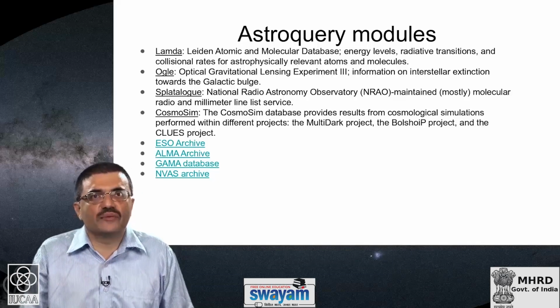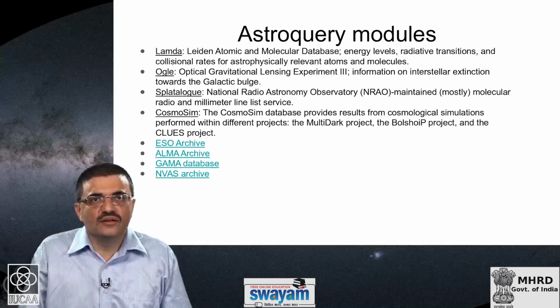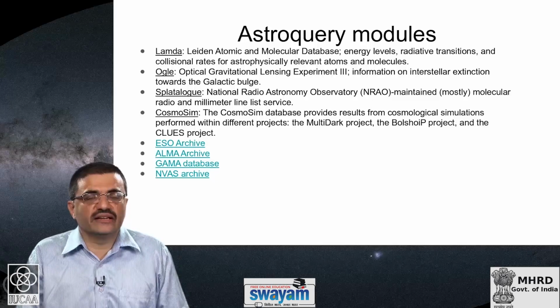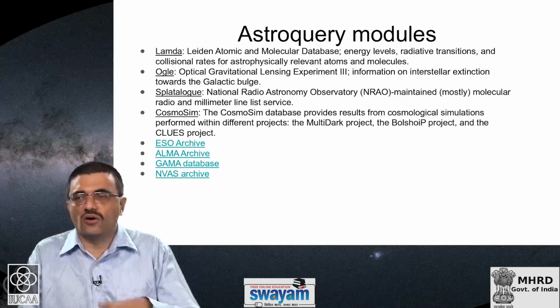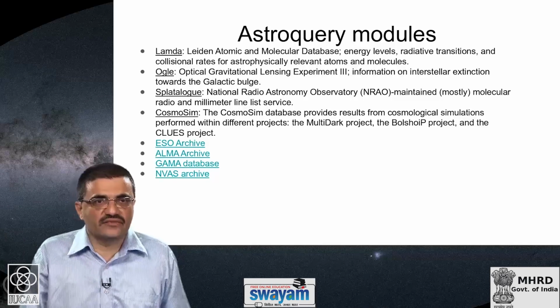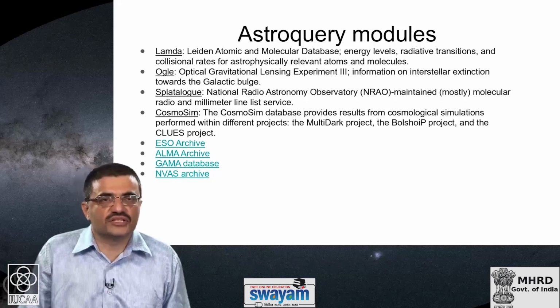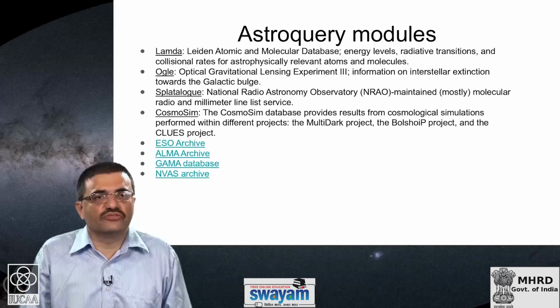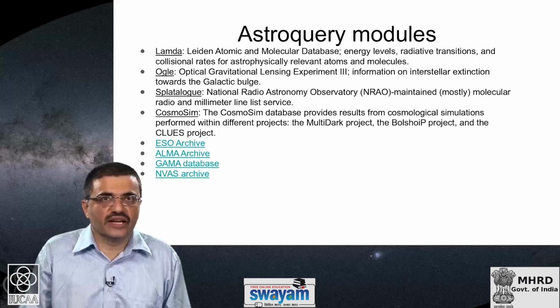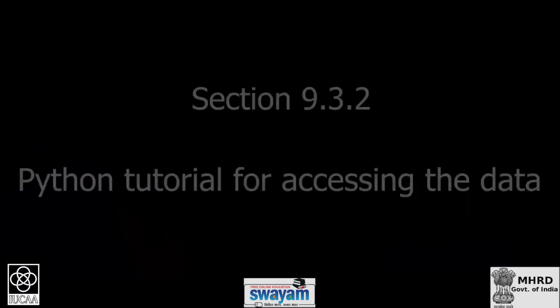For example, I am going to show you how to access data in Simbad, but the process for accessing data in SDSS or in 2MASS etc. is very similar. The syntax is very similar, the APIs are broadly consistent with each other. So, if you learn how to do it for one data repository, it is quite trivial to extend it to another data repository.